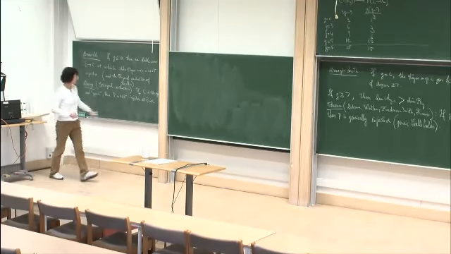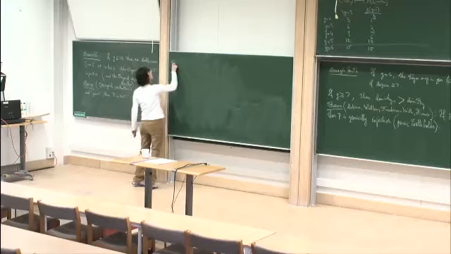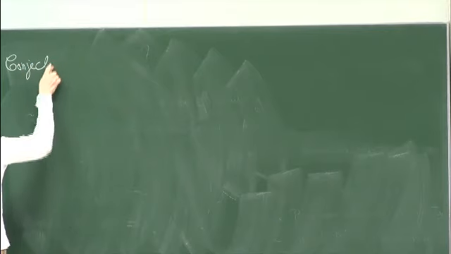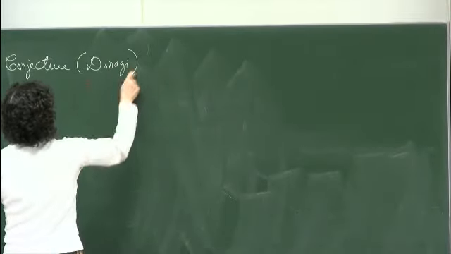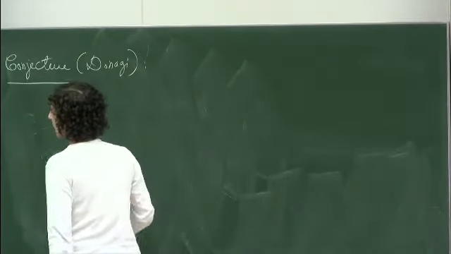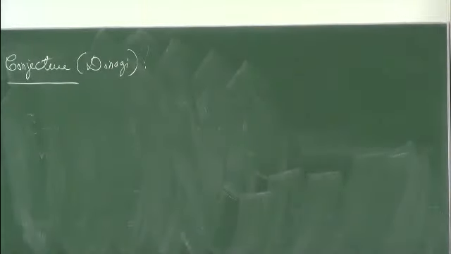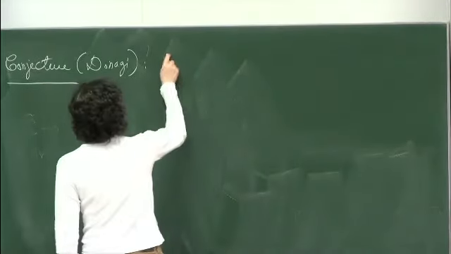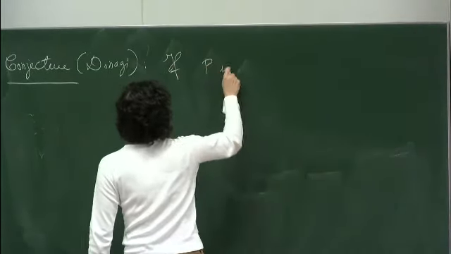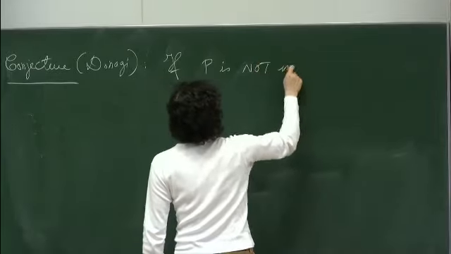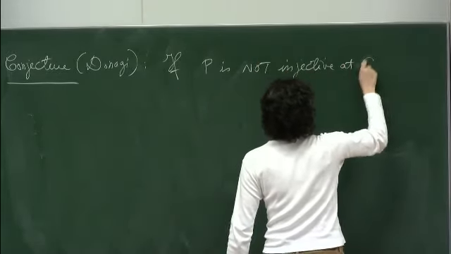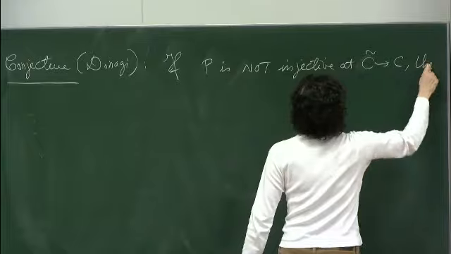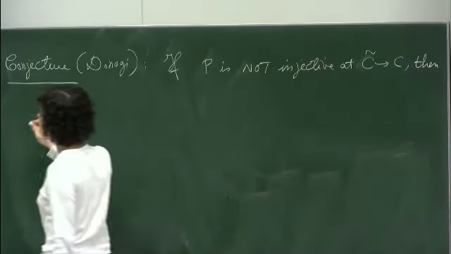And so Donagi made a conjecture saying that if the Prym map is not injective at the double cover C tilde to C, then C is tetragonal.